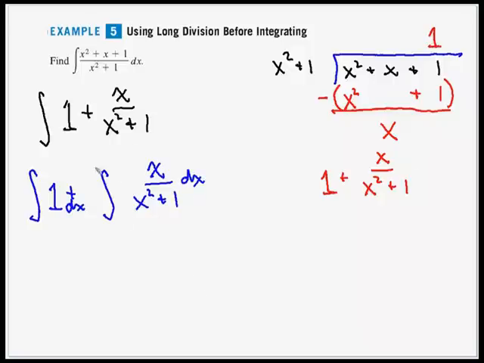So let's look at this second piece. My denominator is x squared plus 1. My numerator, or the derivative of that, would be 2x. So I need to tweak this. I need a 2x dx for my du, and I'll balance that with a 1/2. And now we're ready to integrate.